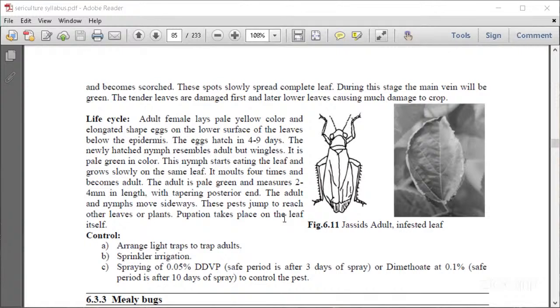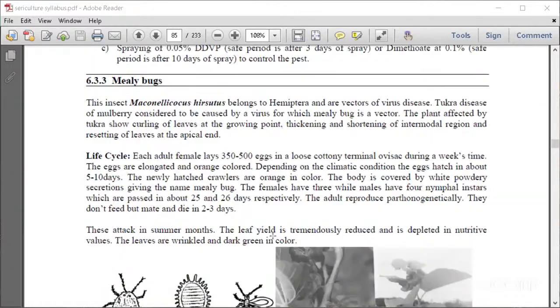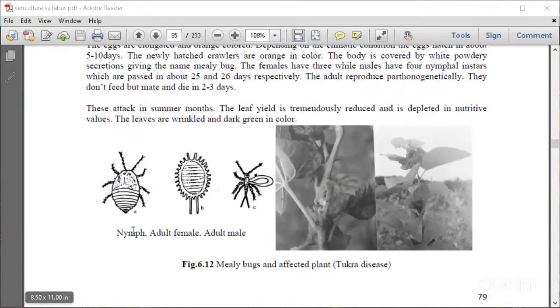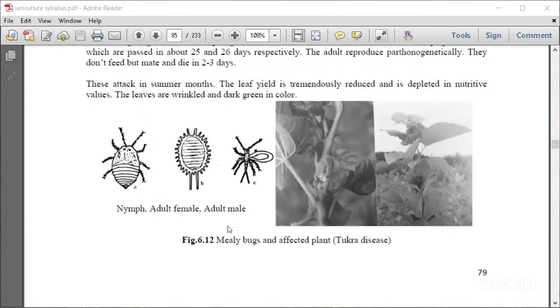The leaves are wrinkled and dark green in color. Here you can see the nymph, adult female and adult male, and how the plant looks when attacked and affected by the mealybugs, that is Tukra disease.